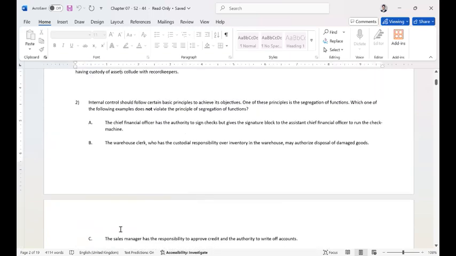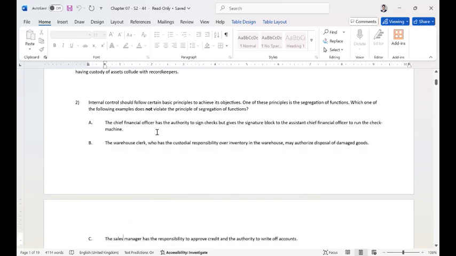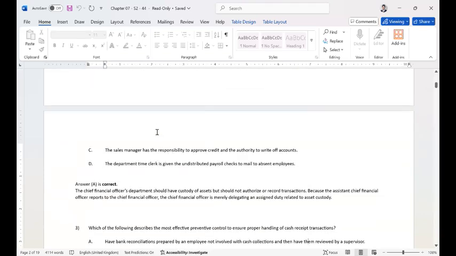What's the question again? Does not violate. Okay, so B and C clearly violate, right? So are they saying A does not violate? The CFO has authority to sign checks, but gives the signature block to the assistant CFO to run the check machine. The CFO should have custody of assets, but should not authorize or record transactions. Because the assistant CFO reports to the CFO. Delegating. Okay, right.